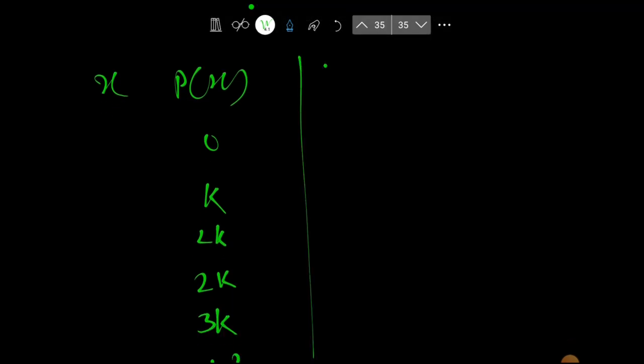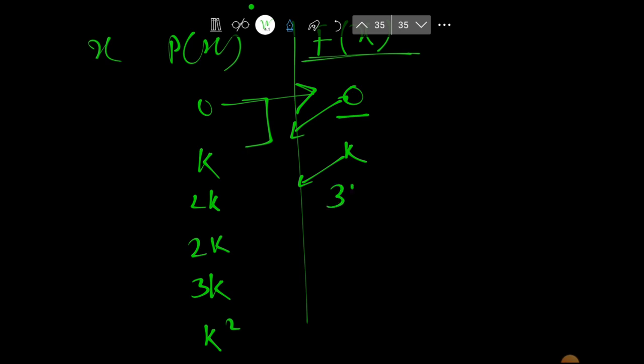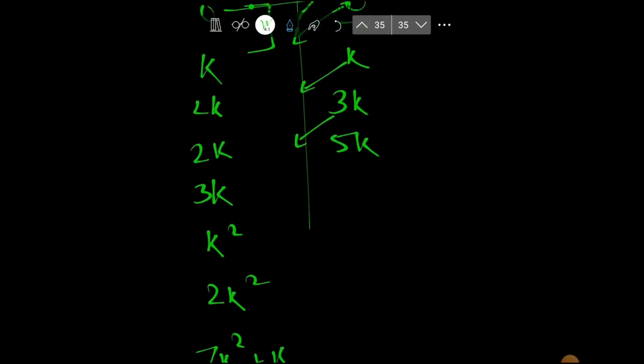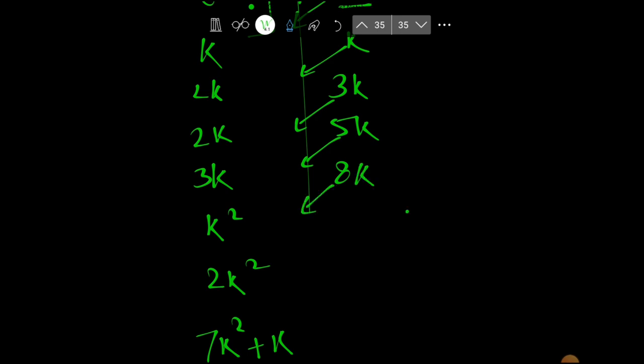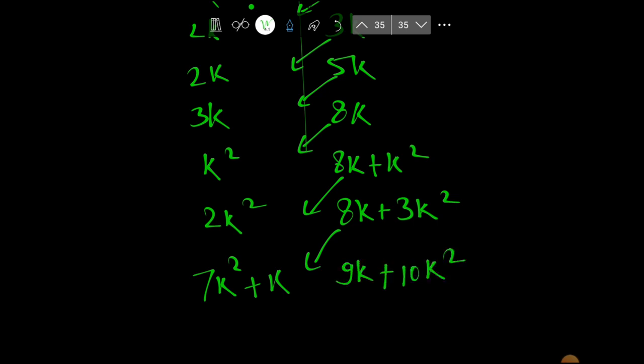Now when we find the distribution function, we simply sum up the values. The first value is always 0, and now we sum with k: 0 plus k is k, k plus 2k is 3k, 3k plus 2k is 5k, 5k and 3k is 8k, 8k plus k square, 8k plus 2k square, and 8k plus k is 9k plus 10k square.